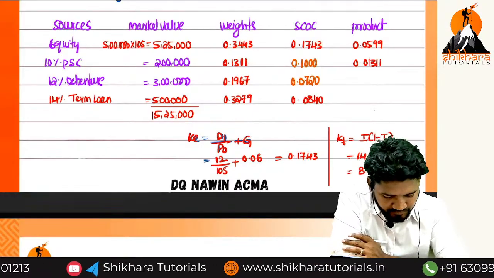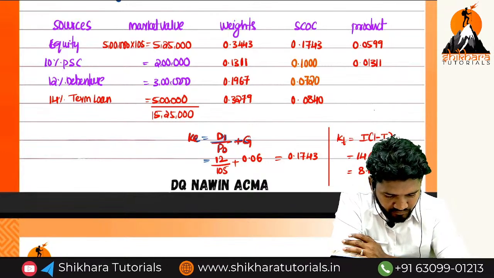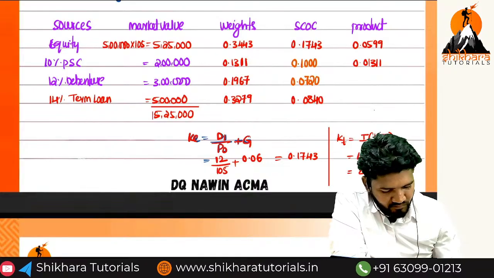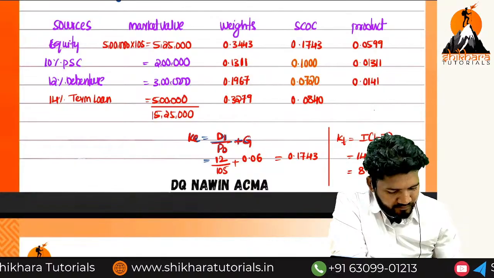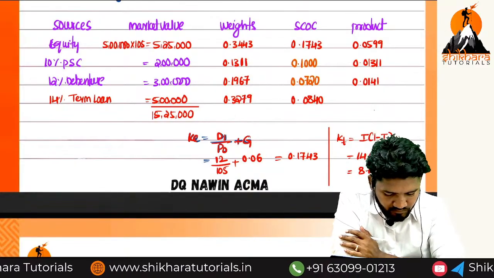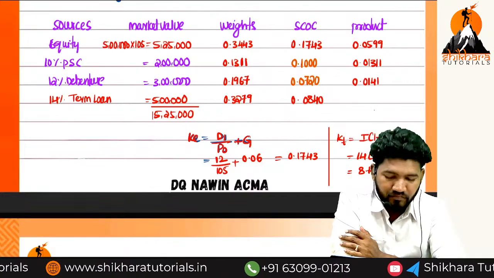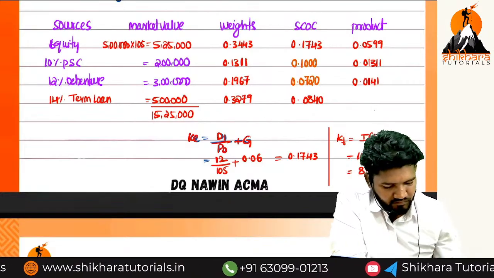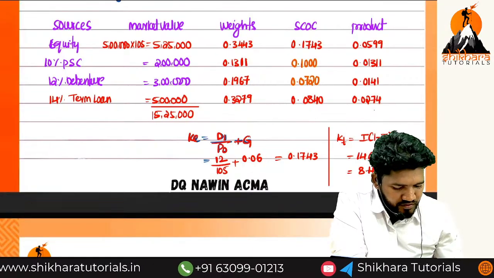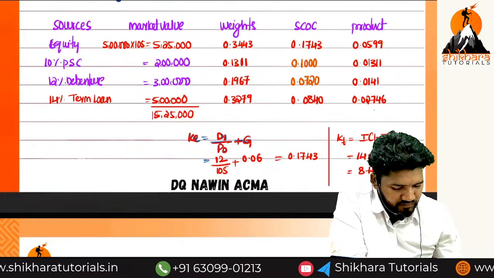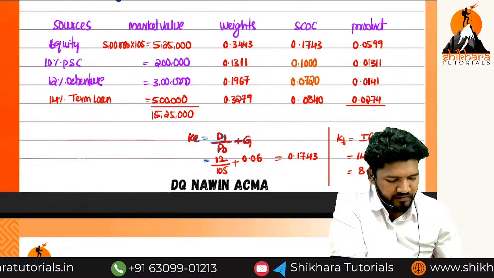Next, 0.01411. What next? 0.02746, 74. Now please total it.